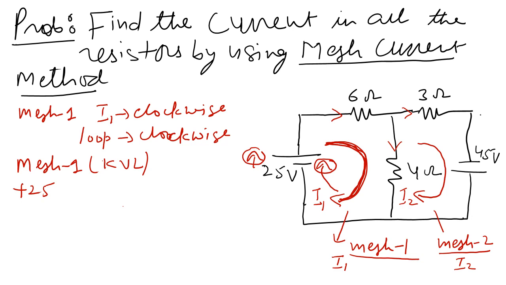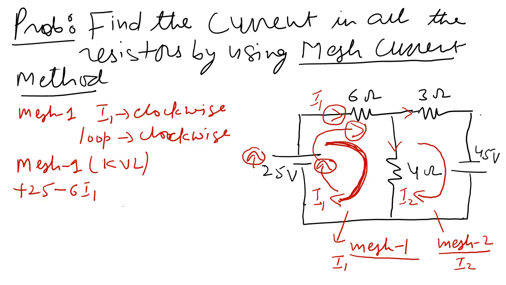Now the loop will come here, and this is the direction of I1, and this is the direction of the loop. So they are going in the same direction. So here it will be minus 6 I1.